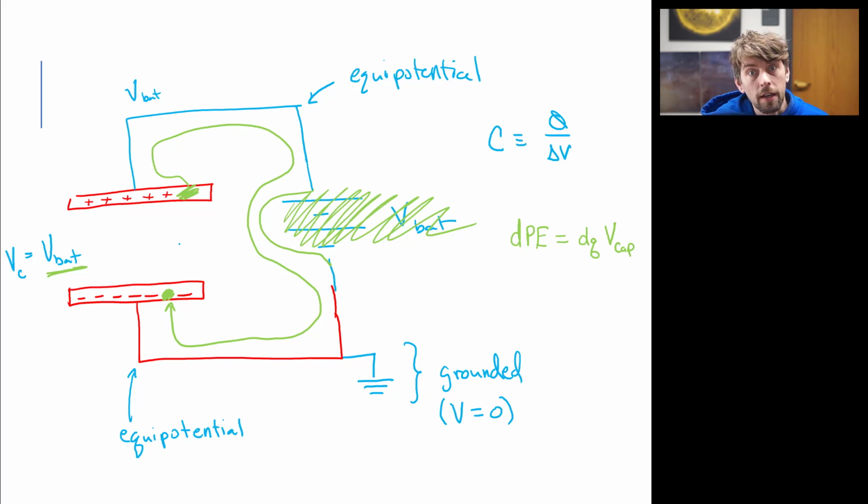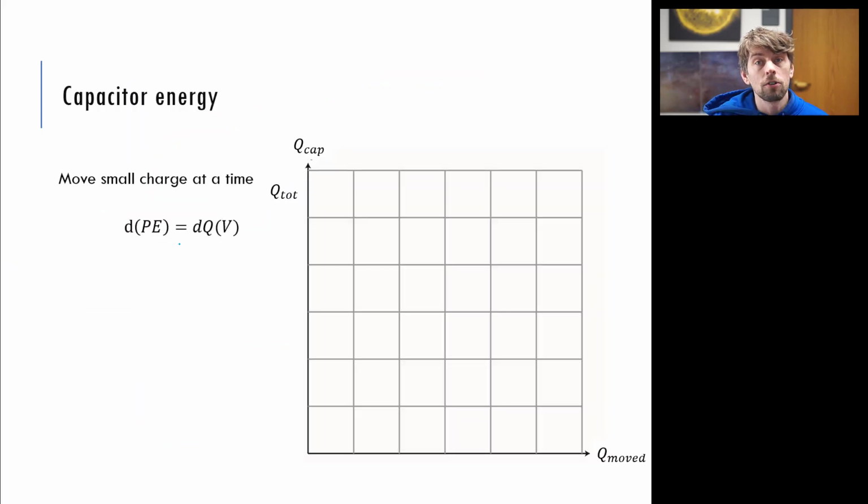Well, let's go ahead. Now we have our specific setup. We know that a small change in potential energy is caused by moving a small charge across the potential difference of the capacitor. But we will use our expression for capacitance and substitute in that expression for the potential difference between the capacitor plates.